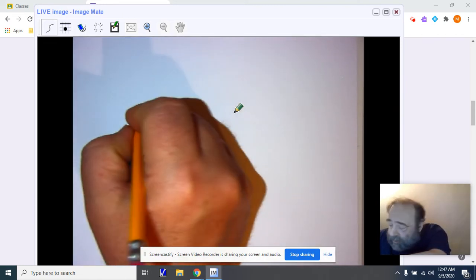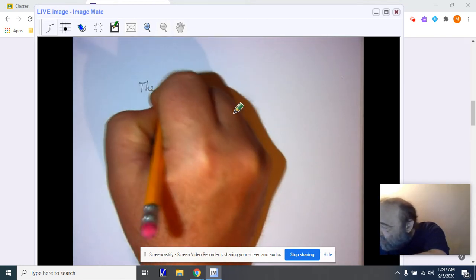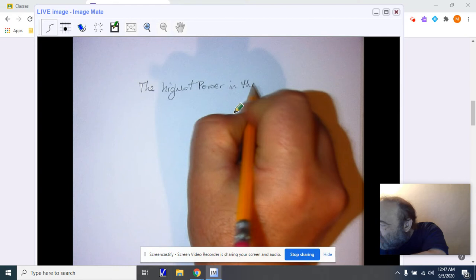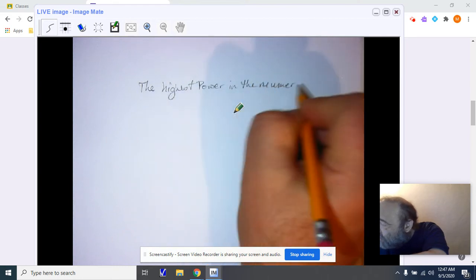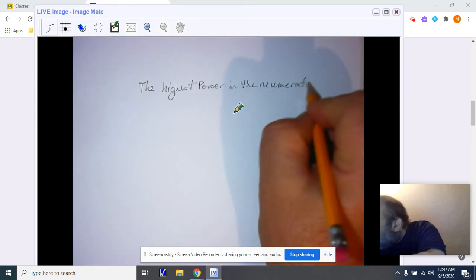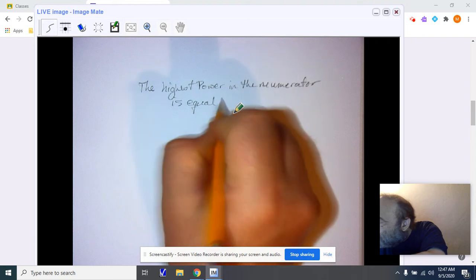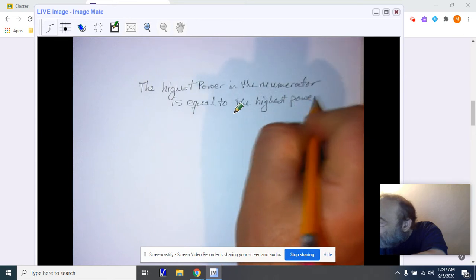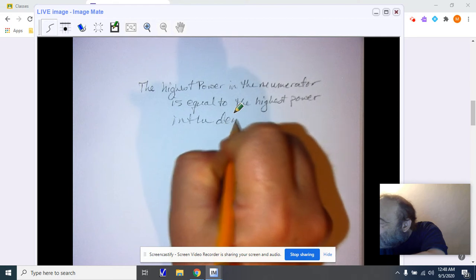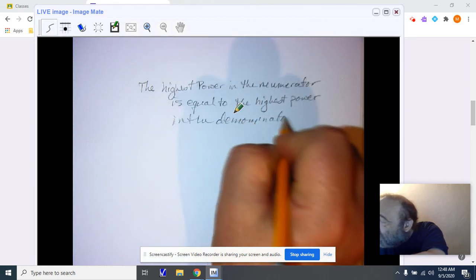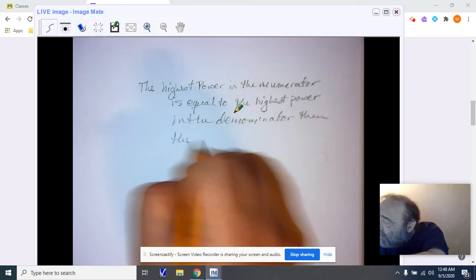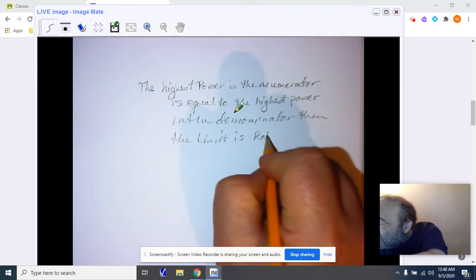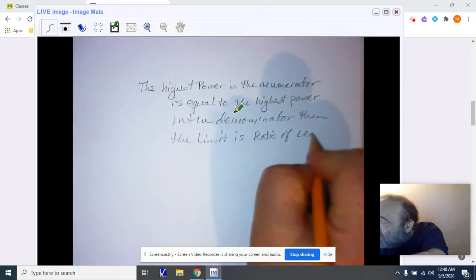So if we suddenly have a situation where the highest power in the numerator is equal to the highest power in the denominator, then the limit is the ratio of leading coefficients. So let's take a look.